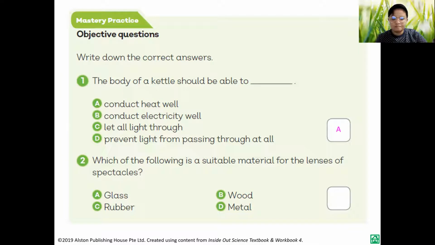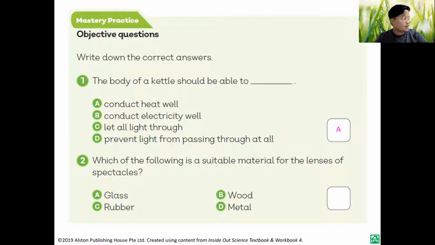Remember, the body of a kettle should be able to conduct heat well because the use of a kettle is to heat up water. If the body of a kettle is a good heat conductor, then it can heat up the water quickly.